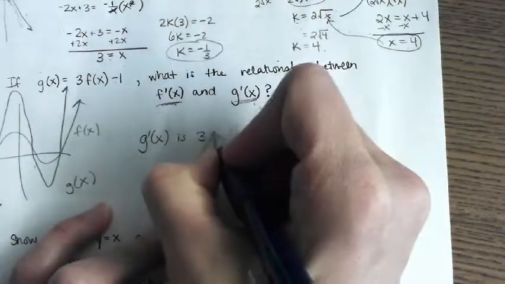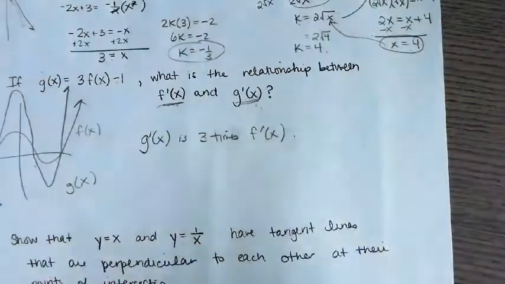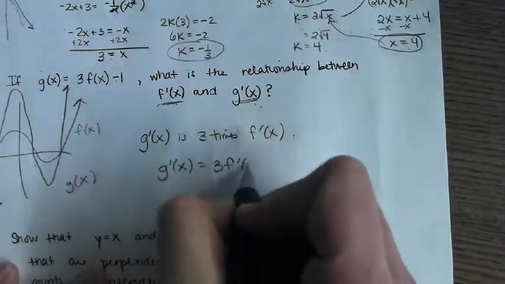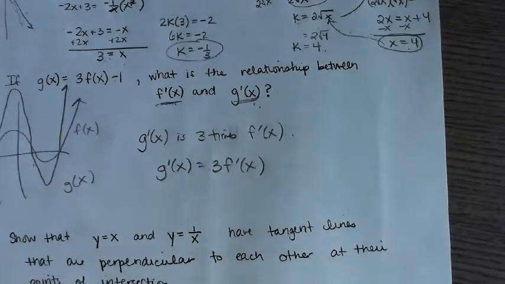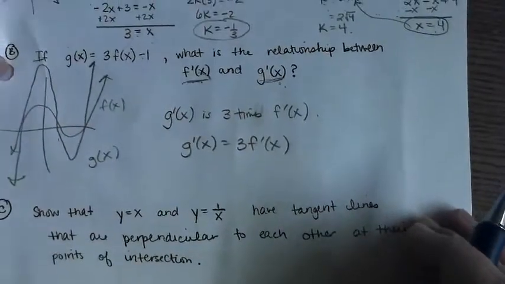You could literally write g prime of x equals 3 times f prime of x. Any questions on that?